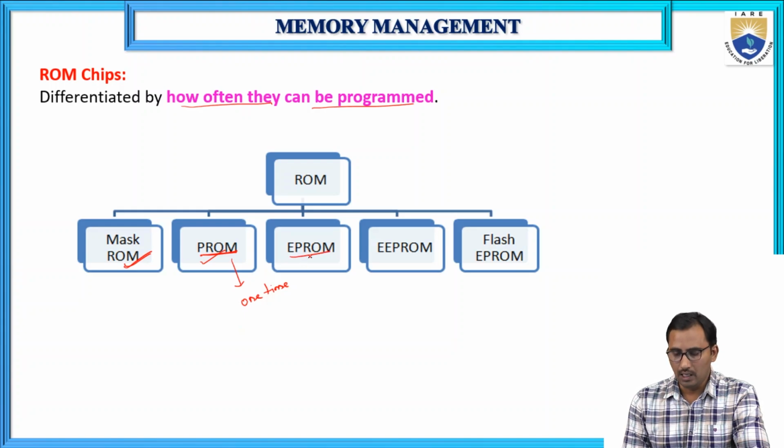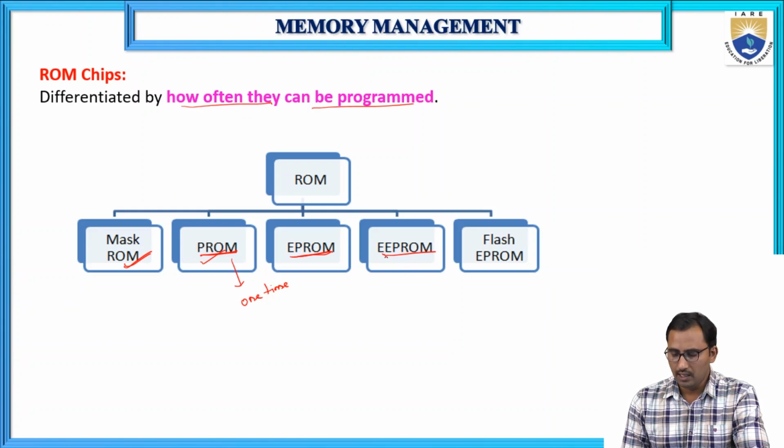And after that, EPROM, erasable programmable read-only memory. Using this EPROM, the user can program and erase multiple times. The user can load the program, test it, erase it, and load again. Like that, programming and erasing multiple times is possible in erasable programmable read-only memory. And coming to the EEPROM, electrically erasable programmable read-only memory.